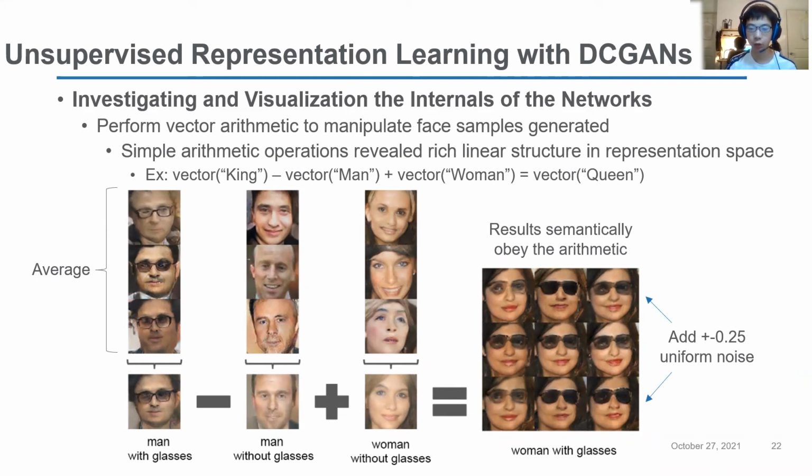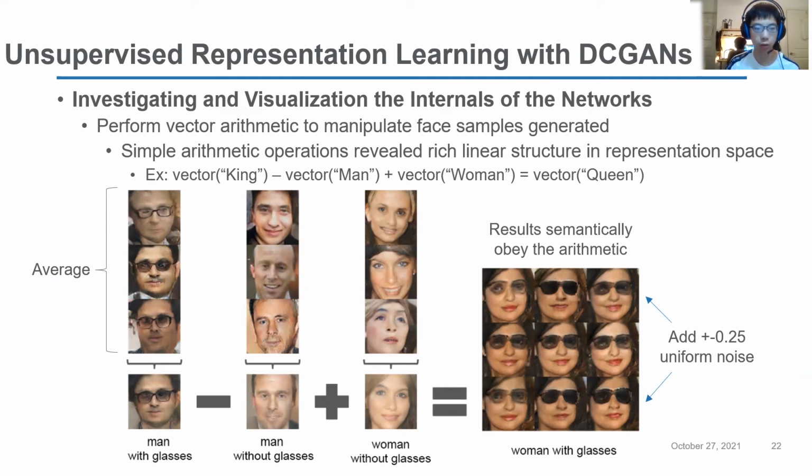They take an average of three Z vectors to have a man with glasses, and take another three Z vectors, take the average to make a man without glasses, and they also get a woman without glasses image.